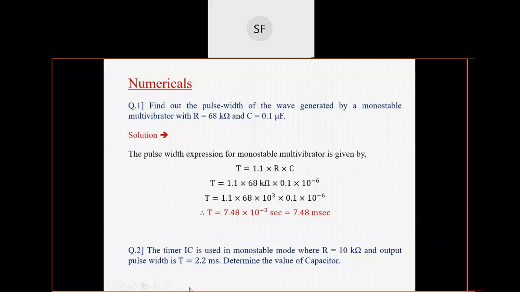So what is the final answer? Again, I am telling you, the final answer is the value of the capacitor is 2 into 10 to the power minus 7 farad, if you write in farad, and 0.2 microfarad. So micro is nothing but 10 to the power minus 6. Alright.